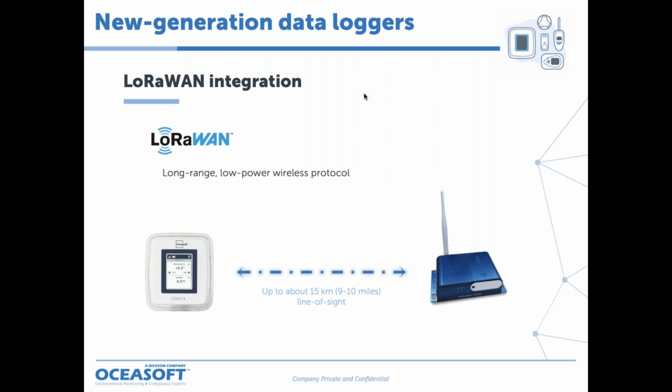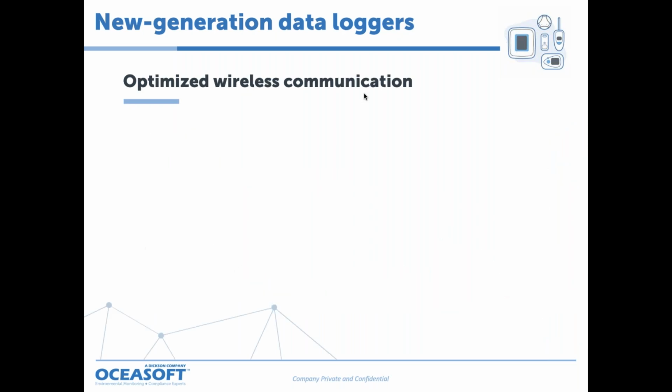The technology also simplifies and optimizes management of your communications. The first thing is that you no longer have to pair data loggers with their receiver, as you had to do with Cobalt 2 and ThermoServer.